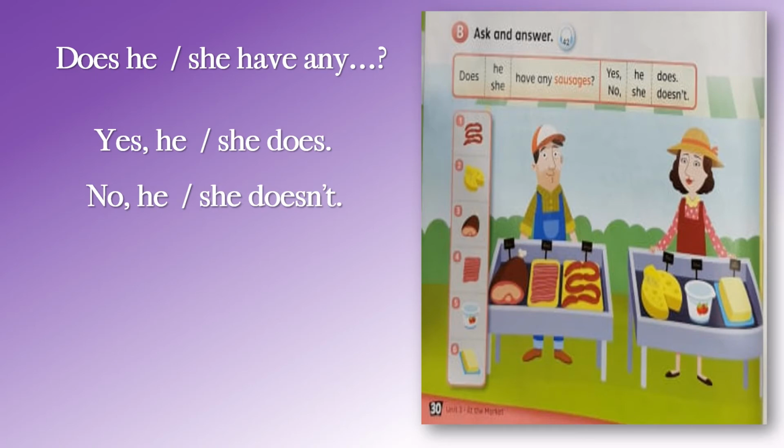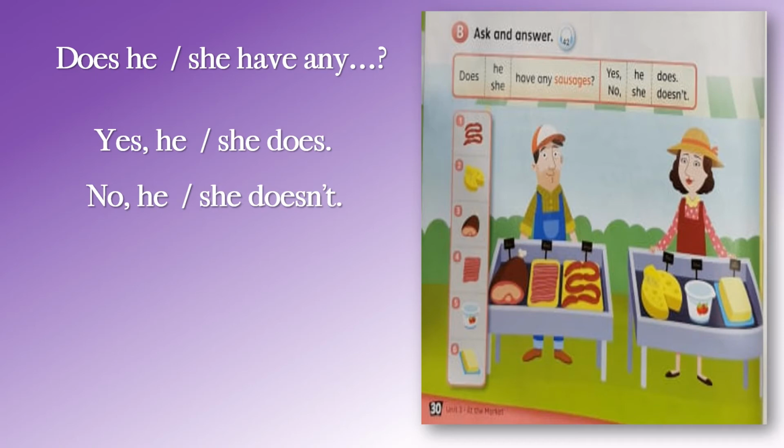So if we look at this picture, you look in your book, page 30, student book, you can see there are 6 pictures. 1, 2, 3, 4, 5, and 6.